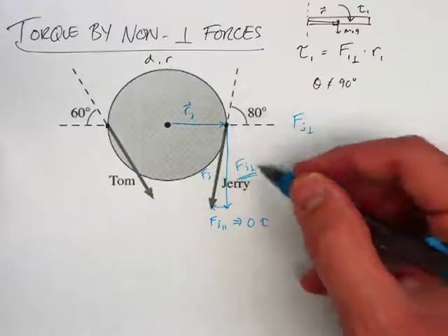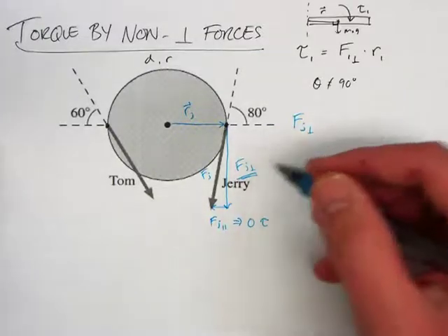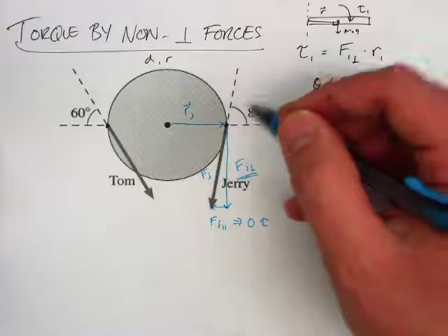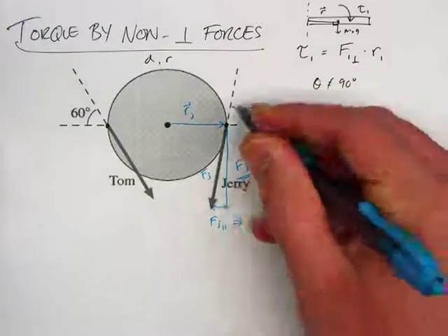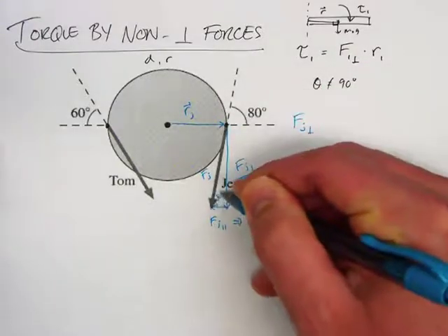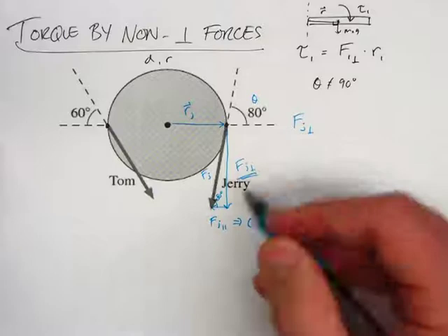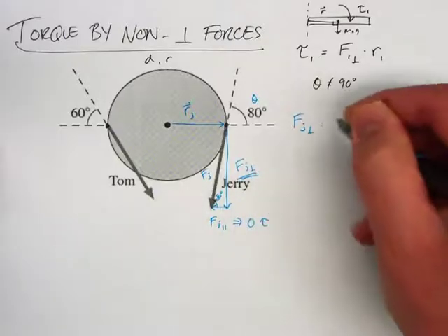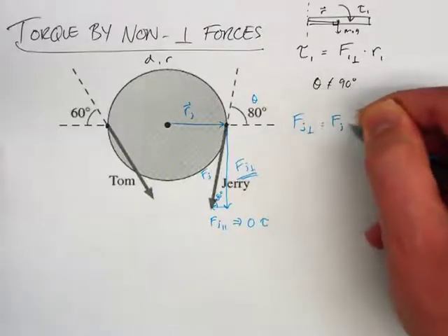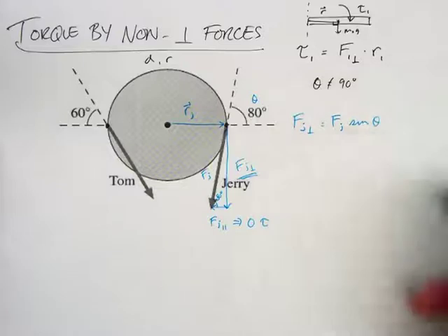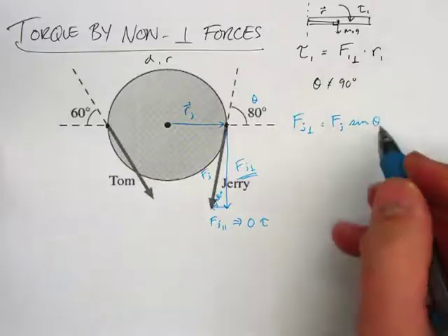So then I just have to calculate what this perpendicular component is. Based upon the geometry here, this is 80 degrees, therefore this is 80 degrees. I'm going to call that my theta. And so Fj perpendicular is Fj sine of theta, or sine of 80 degrees.